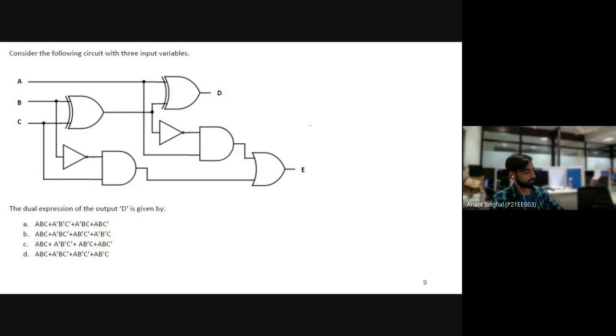Anyone can tell? Okay, I'll try to write. As you can see, here we are getting A, and it is connected to an XOR gate. I hope you know the symbol of an XOR gate. Here we are getting B XORed with C, and finally D is nothing but A XOR B XOR C.